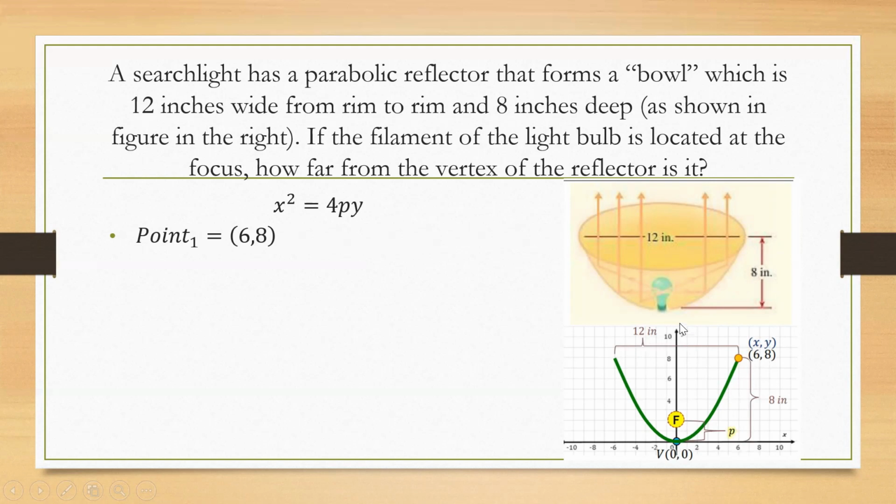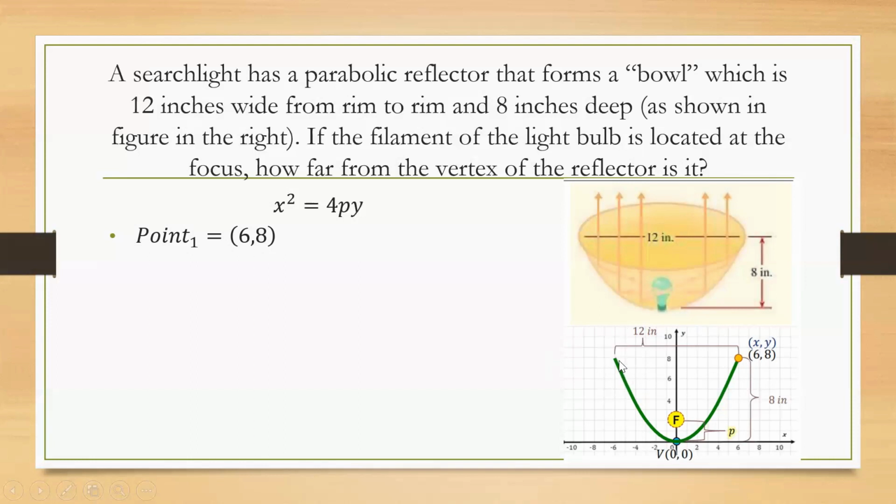Basically, this line cuts the width of the bowl in half. So 12 divided by 2 is 6. We could count 0, 1, 2, 3, 4, 5, and 6. And on the other side, if for example we wanted to use this point, let's imagine that there's another point here.